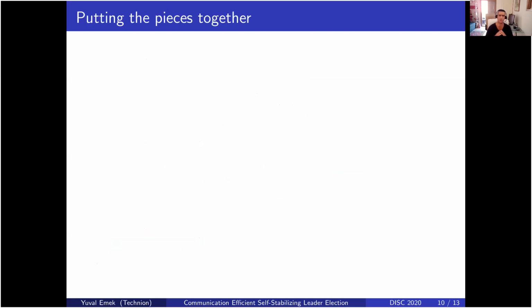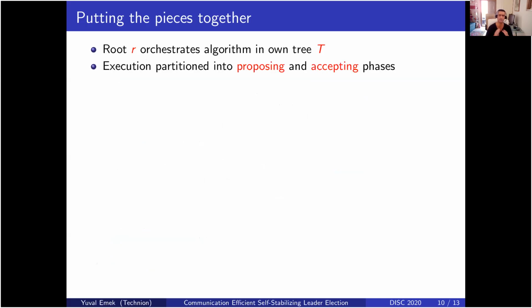Okay, let's see how we put all those pieces together. So the algorithm is orchestrated by the root of the tree. Each root orchestrates the algorithm in its own tree T. This root partitions the execution into phases, where we actually have phases of two types. A phase can be a proposing phase or an accepting phase.